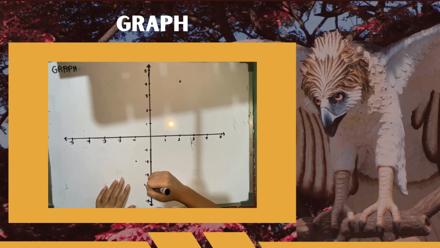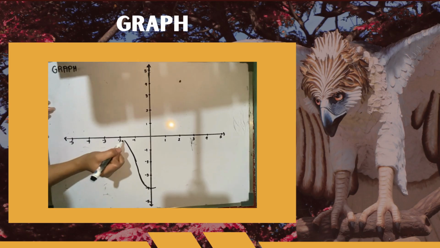With the help of our table of values, we can easily locate those points, and with the help of the points, we can connect those in forming a curve. So now, let's slowly do our first curve.